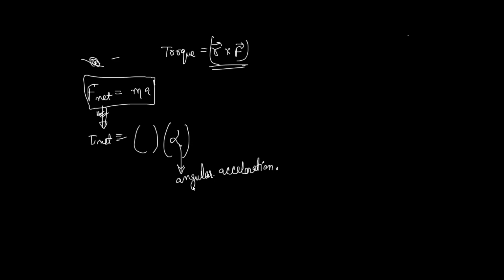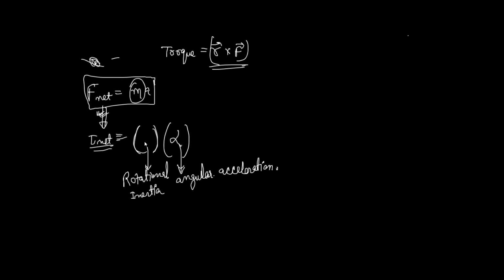Hope you understand. This will be the angular acceleration. Is this okay? So torque net will be equal to angular acceleration, and in place of mass, there would be something which decides the rotational inertia of the object. Because here the mass decides the translational inertia of the object.